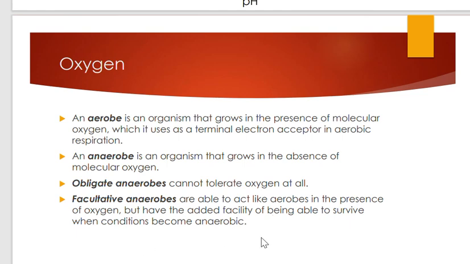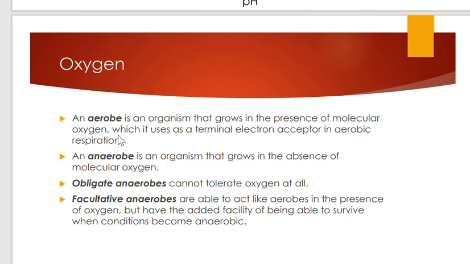So your facultative anaerobes can grow in the presence of oxygen, but they can also survive when the condition of your growth media is anaerobic. So we call those microorganisms facultative anaerobes.